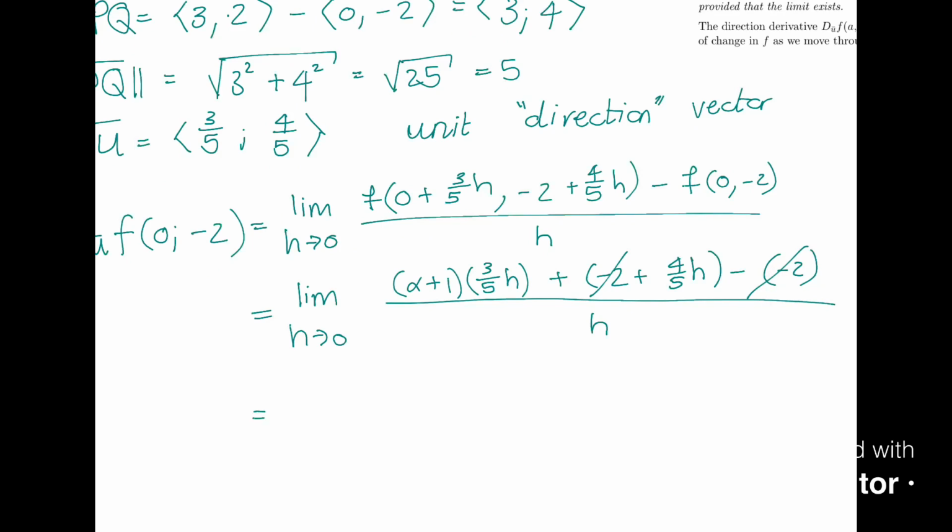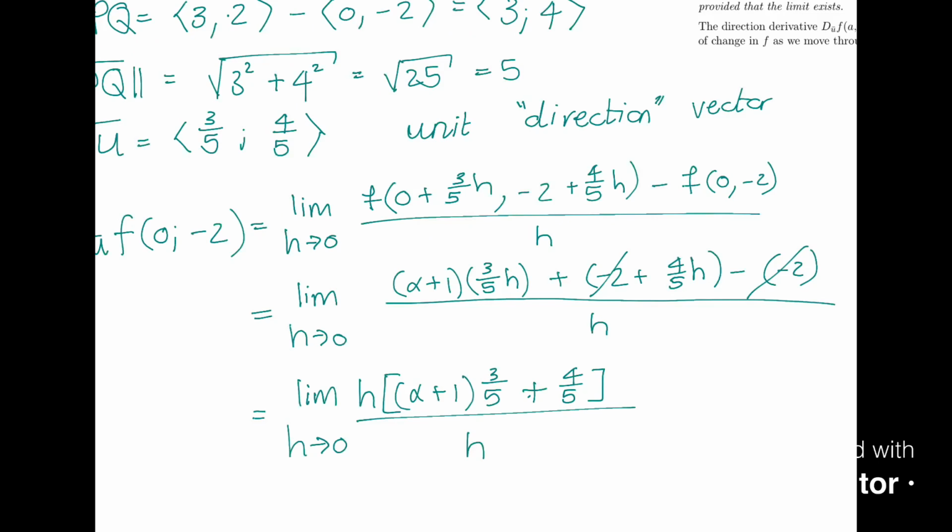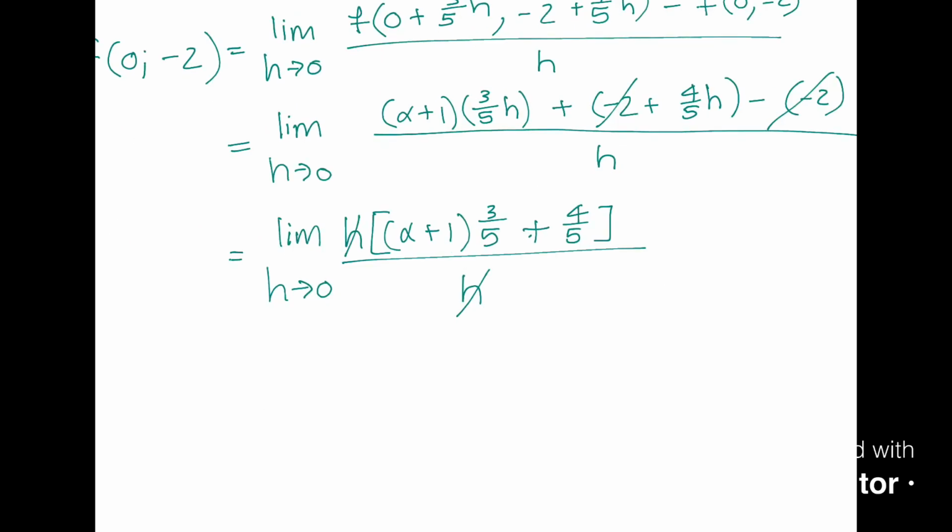So we'll be just left with the limit as h approaches 0 of alpha plus 1, 3/5. I'm going to take the h out to the front, factor it out, and then we're going to have plus 4/5, and this is over h, so the h's cancel, so I just have the limit of a constant, which is equal to a constant. So we'll just have this.